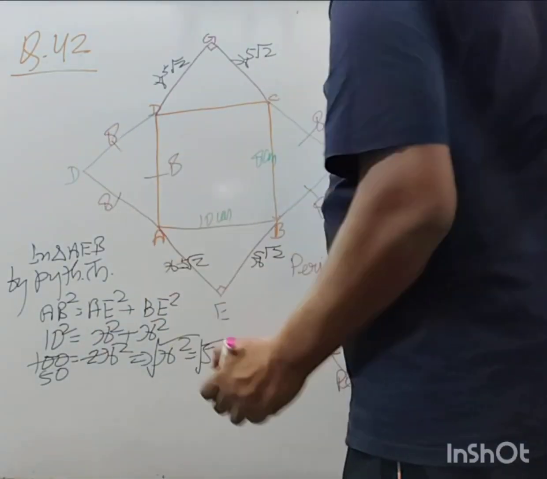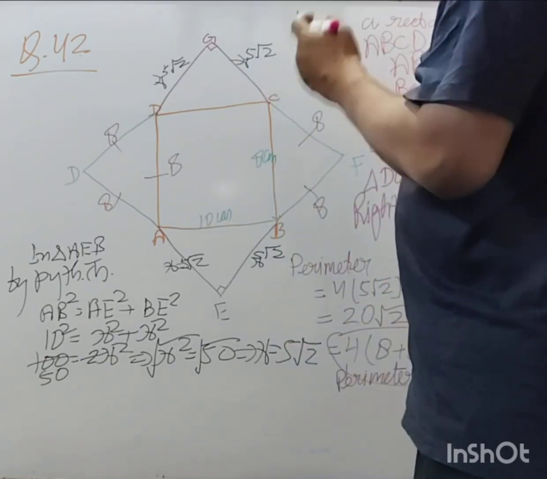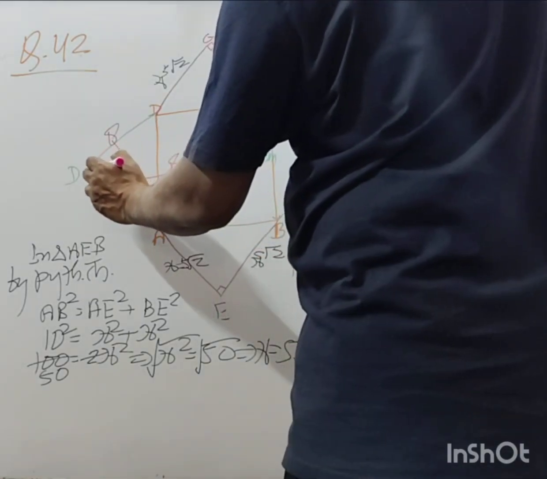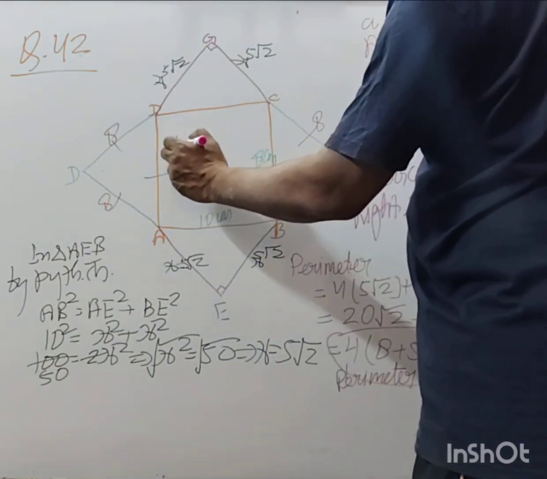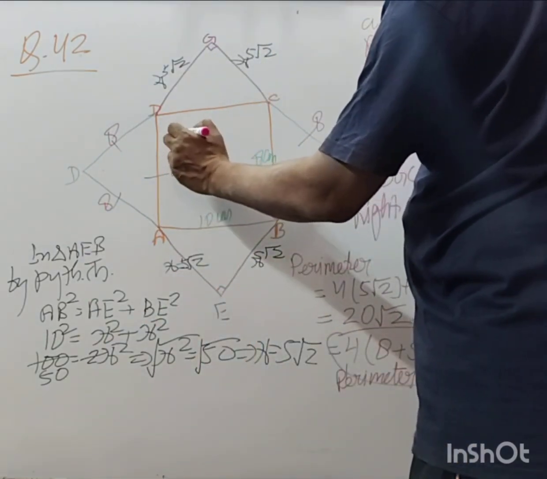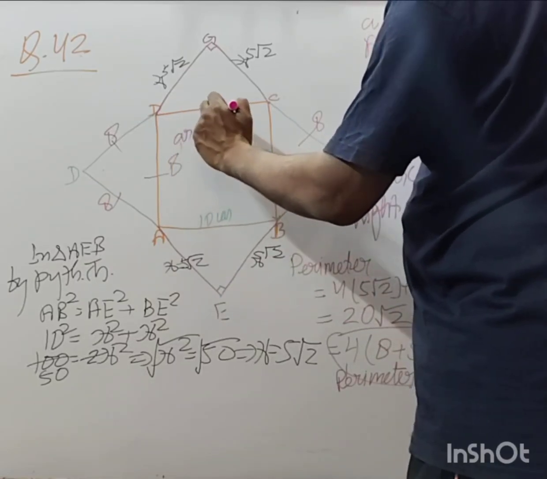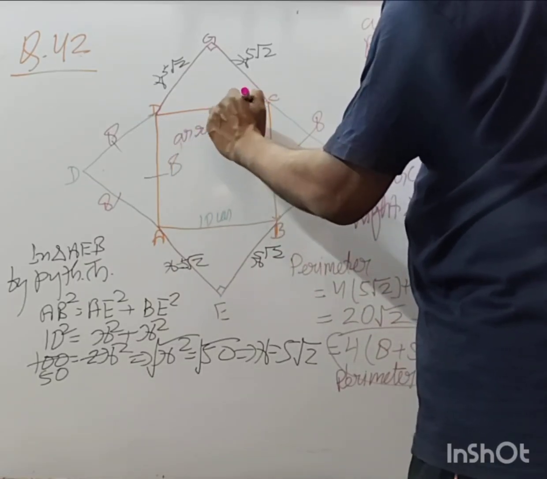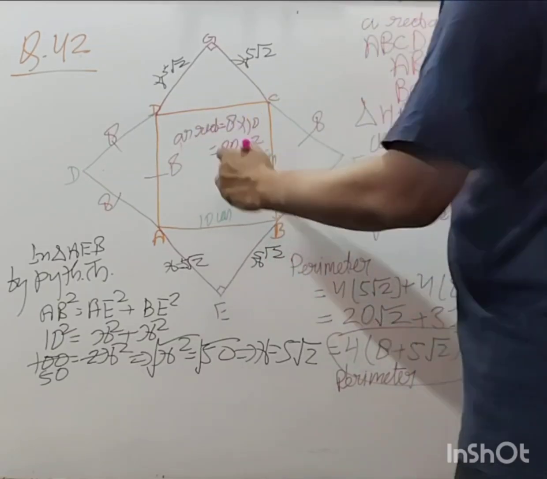Area of rectangle is 8 into 10, which becomes 80 centimeter square.